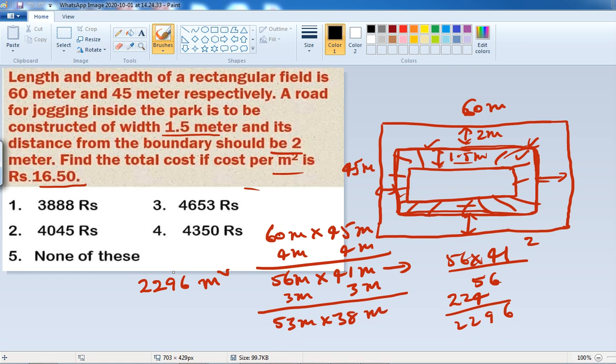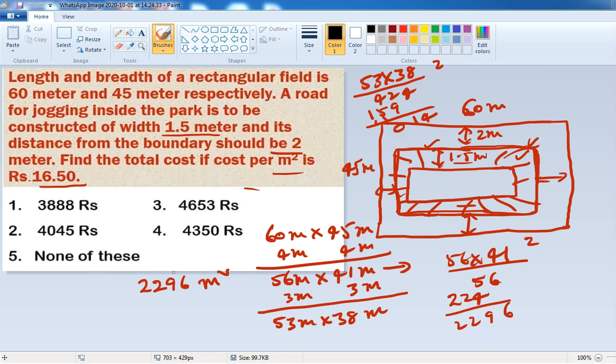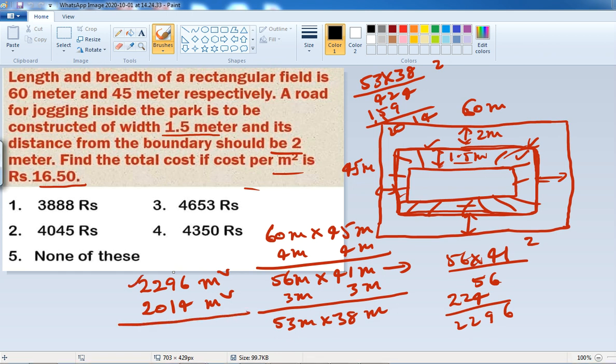So calculate 53 into 38, which is 2014 meter square. Now we will get the area of this road by subtracting this value from this value.